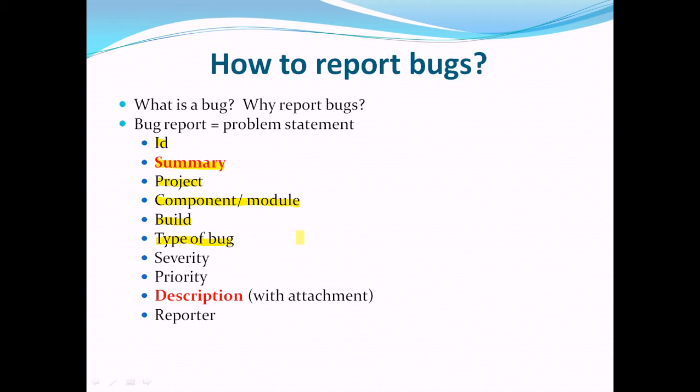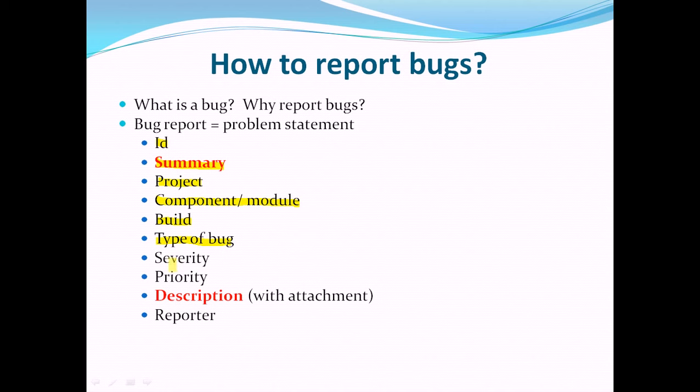So that is an example of a security bug. So you can specify the type of the bug also, whether it is a functional bug or a performance bug or a security bug or a usability bug or an accessibility bug. That will give additional information to the developers concerned to fix the bug by thinking of a suitable solution.